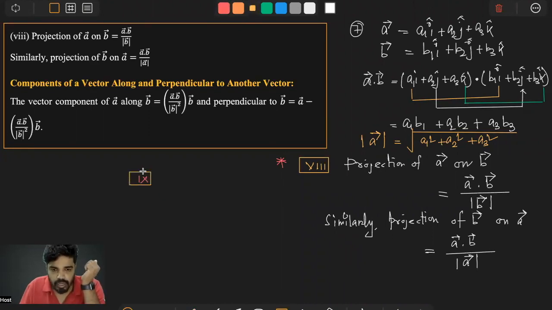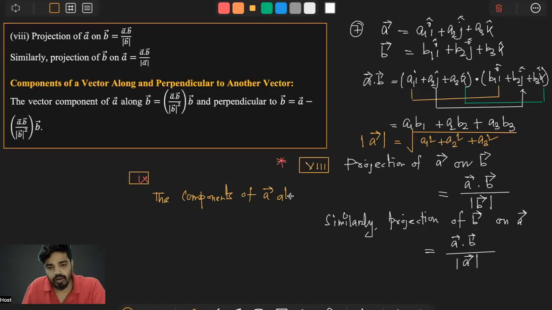Note the vector component, that is the component of a along b, equals a dot b divided by modulus b square, times b.